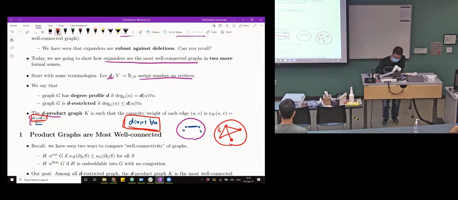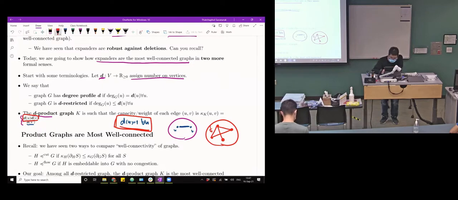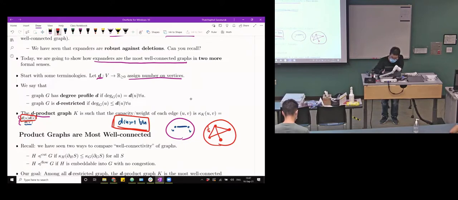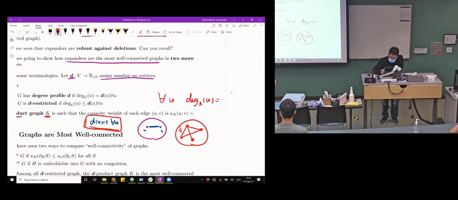Why is that? Do you see this? That is in the D product graph. You really have that the degree profile of the D product graph is D. So for all nodes U, the degree of U here is the sum over all other nodes V of d_u d_v over d_V.